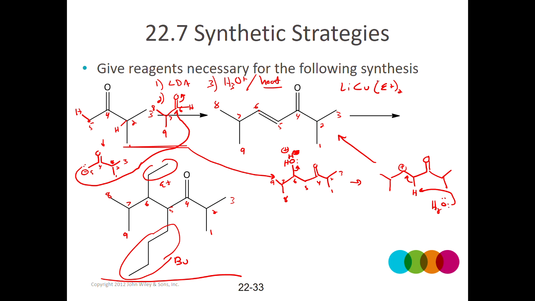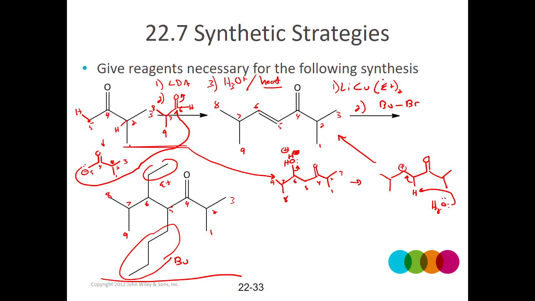with ethyl groups. The ethyl group from the Gilman reagent will come in here, push electrons up to the oxygen. That will form an enolate. So they'll swing back down in, and then that pi electron pair will have to attack a butyl group. So what I want is a butyl group with a leaving group like a bromine.